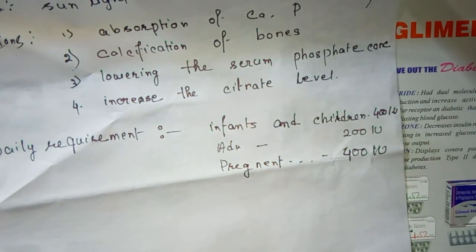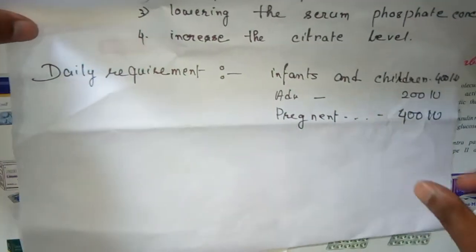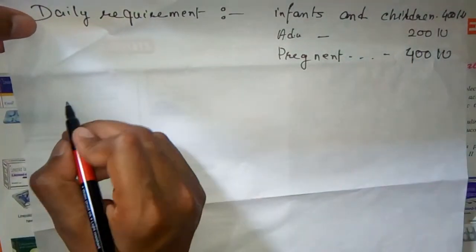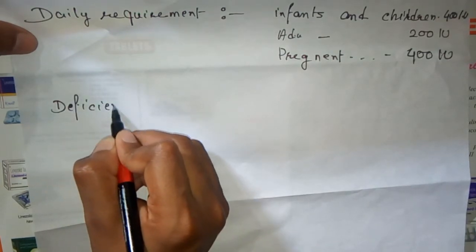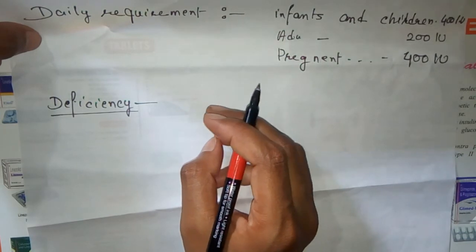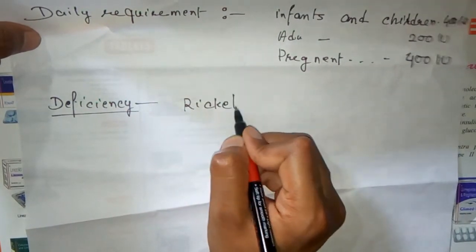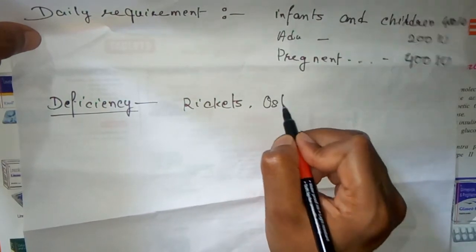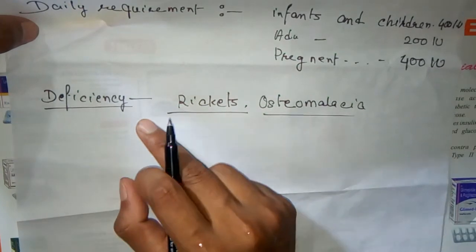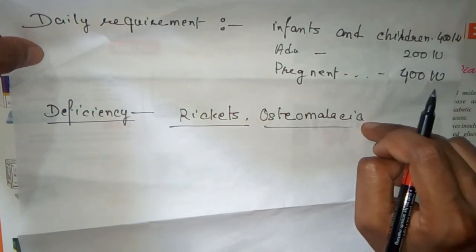So now the deficiency of vitamin D. There are two diseases caused by the deficiency of vitamin D: rickets and osteomalacia.